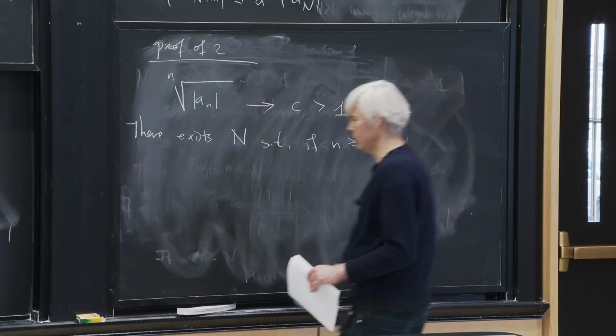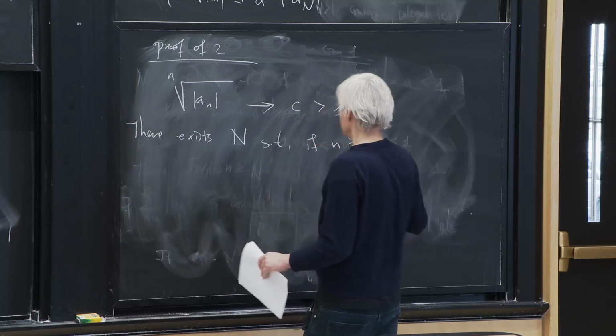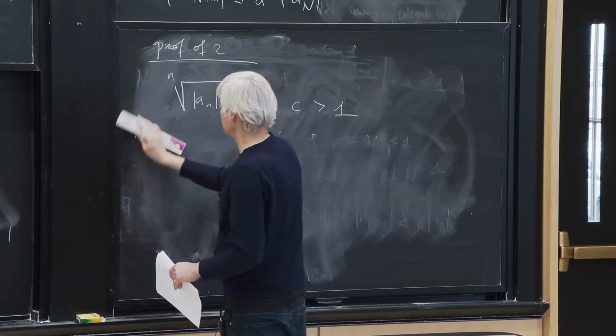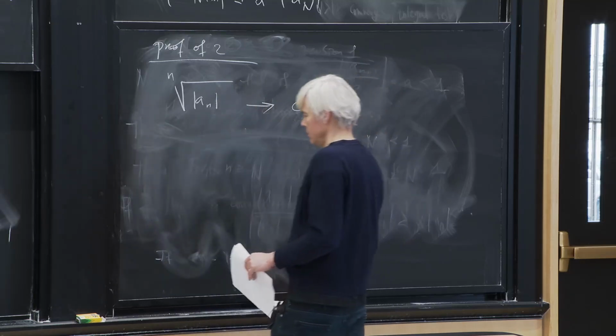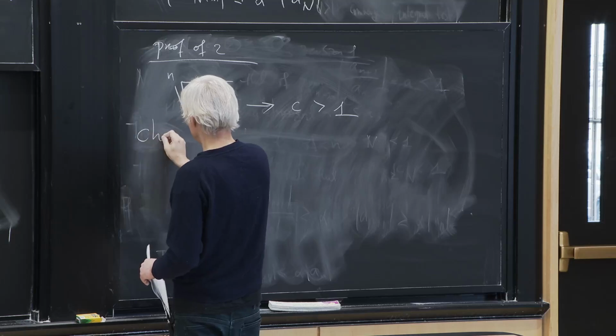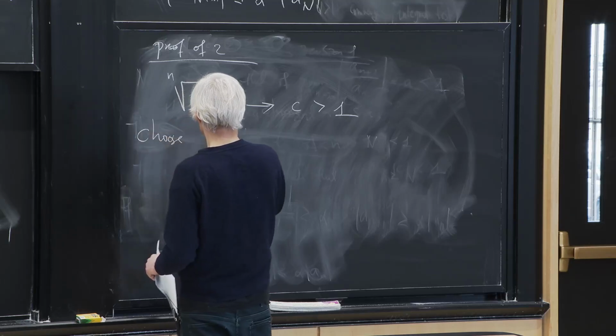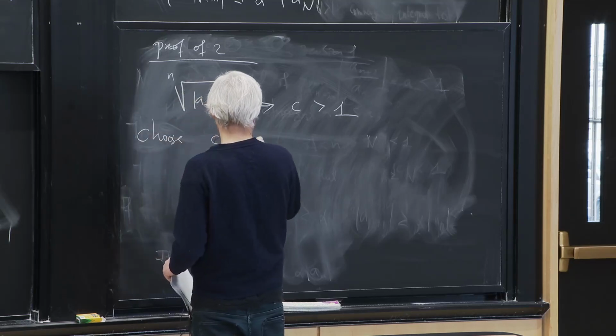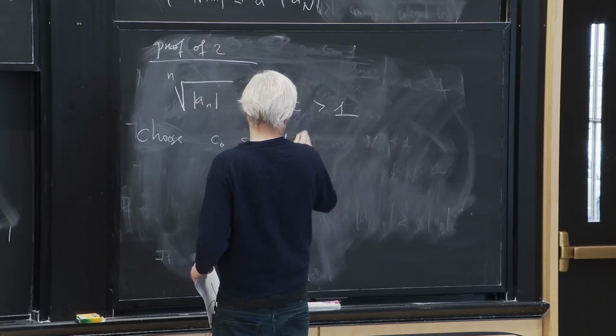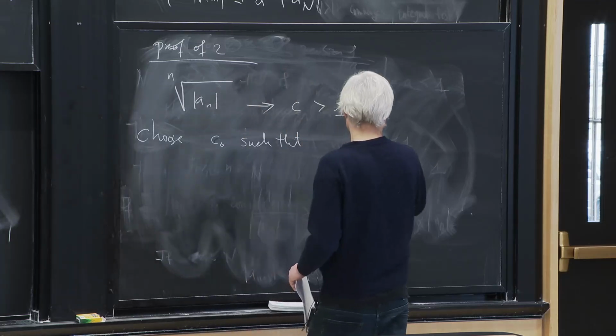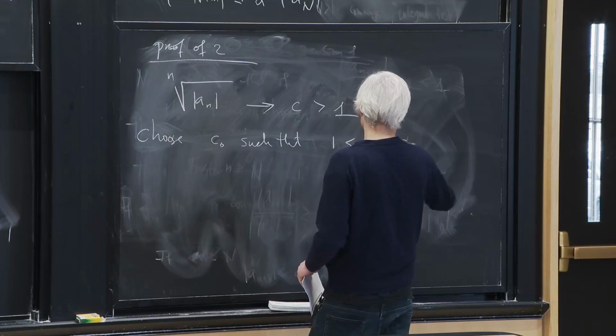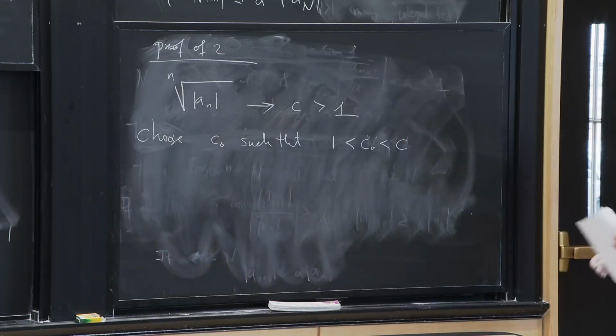Before I do this, just like before, I should choose my c0, so choose c0 such that c0 is strictly bigger than 1, but yet strictly smaller than c.